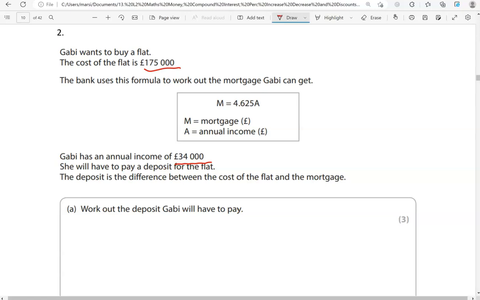So we've got the formula. M is equal to 4.625 times A. So M is equal to 4.625 times A, which is the annual income, and that is 34,000.